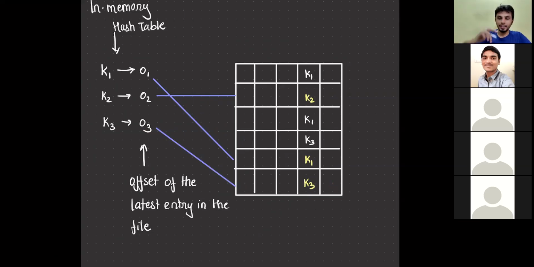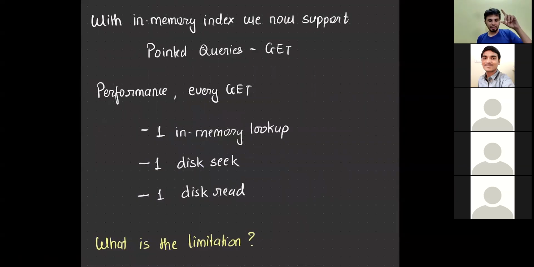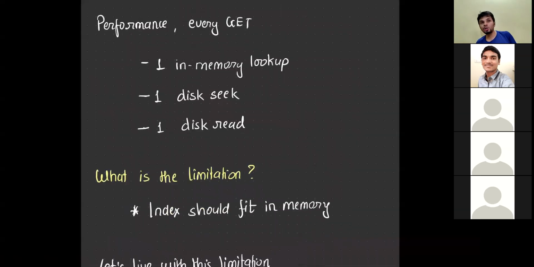And if the entry is deleted, you would have a special value, handled in the application, so that if I get this value, it means the value is deleted. Once you get the value, you can have that check. So this in-memory hash table is something that we can leverage. With this in-memory index, we now support pointed queries, so our gets are also order one.